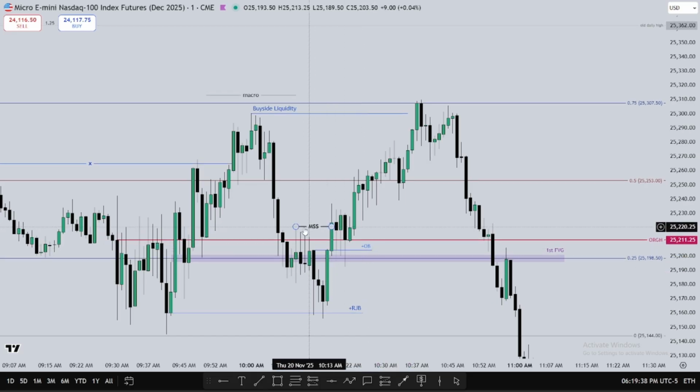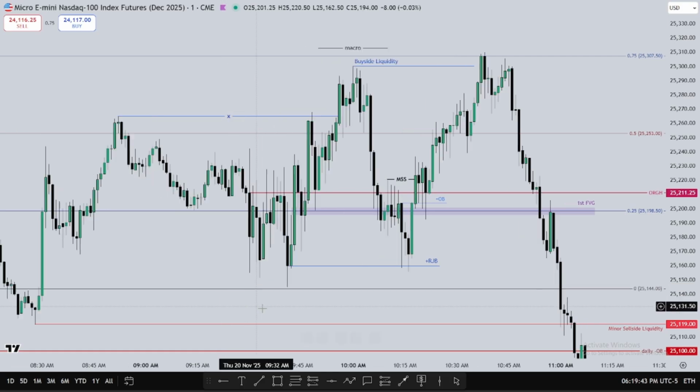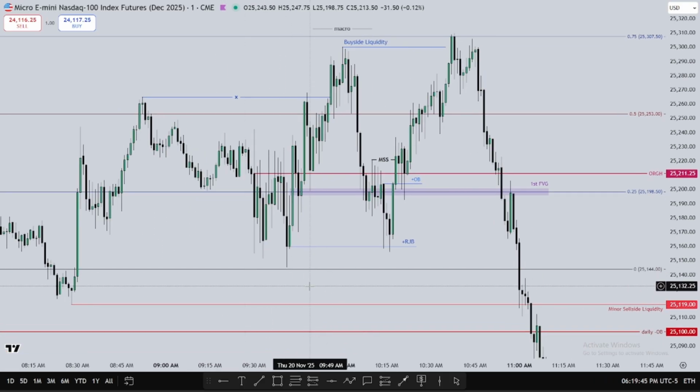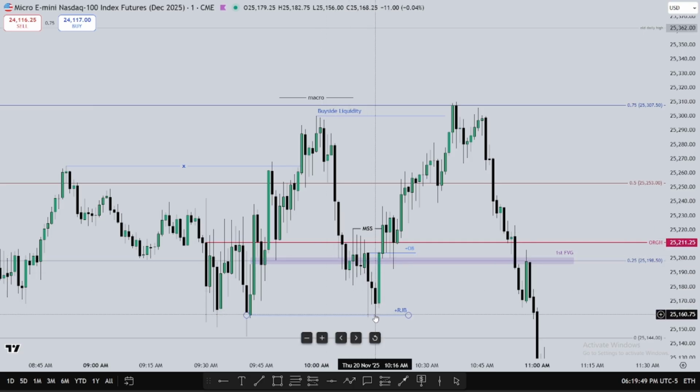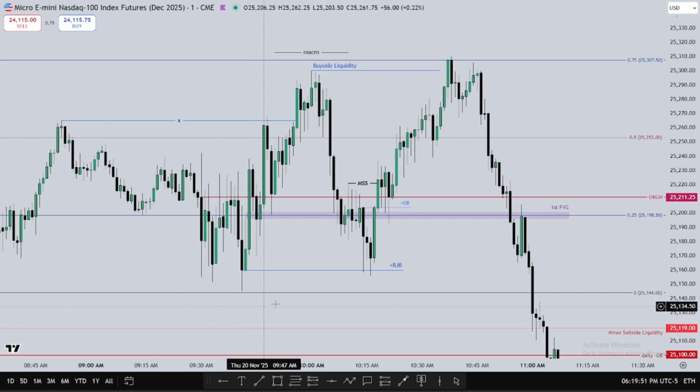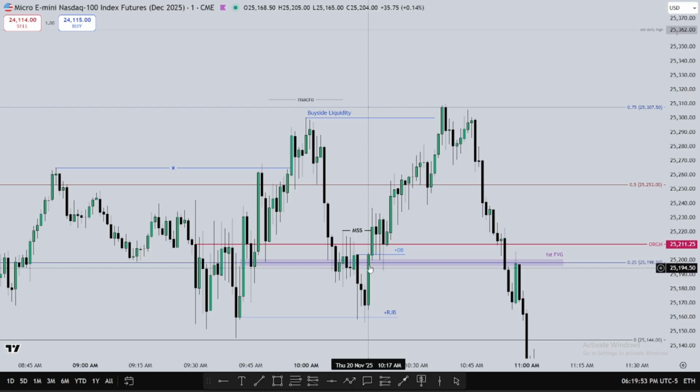So you have your market structure shift, rejection block. We failed to take out the sell side, which means we're engineering liquidity, and then we have buy side here. So if we're failing to take out any liquidity down here, and then we displace, market structure shift, fair value gap, order block, basically a breaker as well.